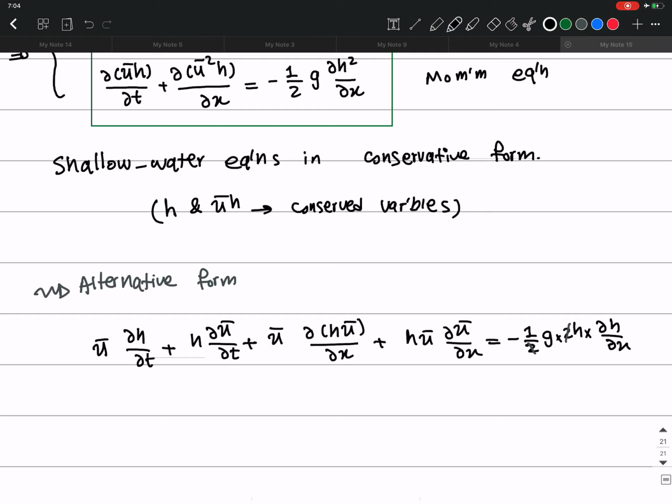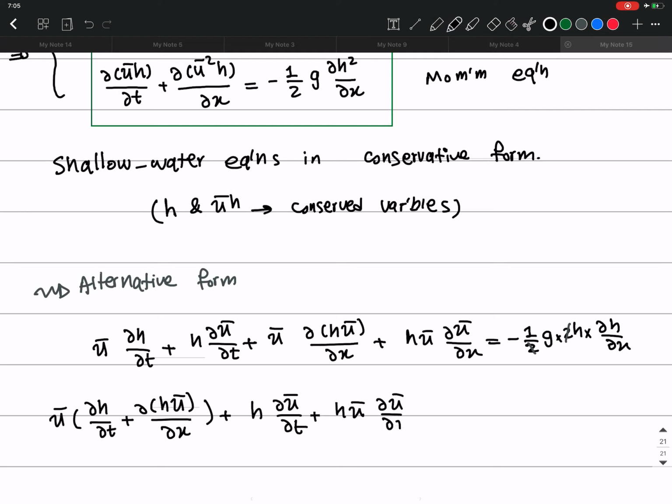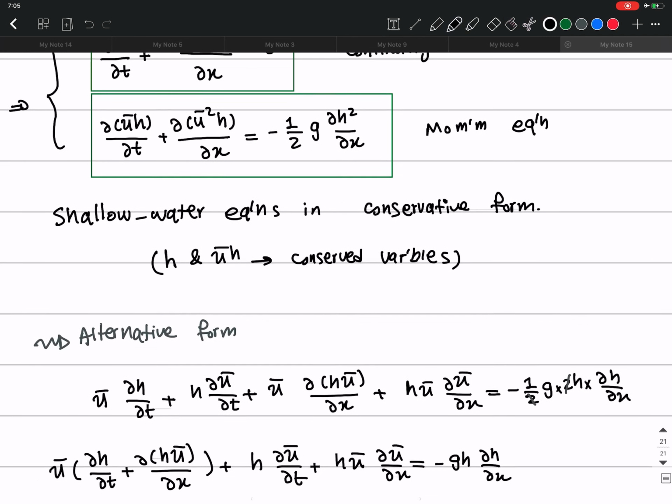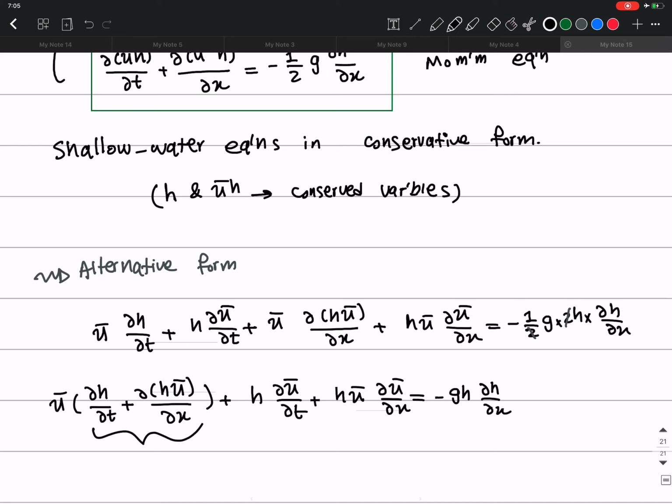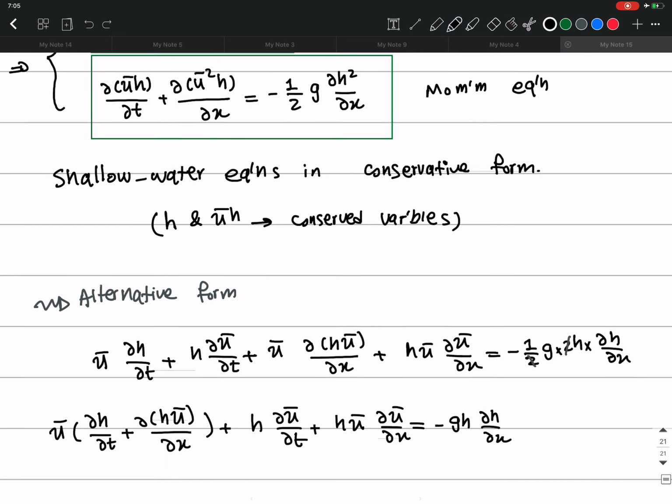And now I factor u bar, so it gives me partial h over partial t plus partial h u bar over partial x, plus h partial u bar over partial t plus h u bar partial u bar over partial x equals minus gh partial h over partial x. And look here, what is this? From continuity, this is just 0.